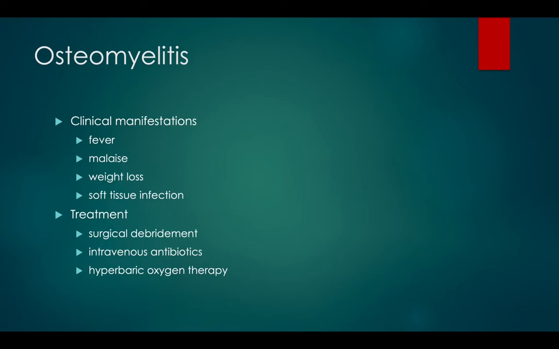Another treatment that is emerging is hyperbaric oxygen therapy. The theory behind this is that we know that high levels of oxygen can cause free radicals, and those free radicals can cause damage to cells, not only to our cells in our body, but also to bacteria.